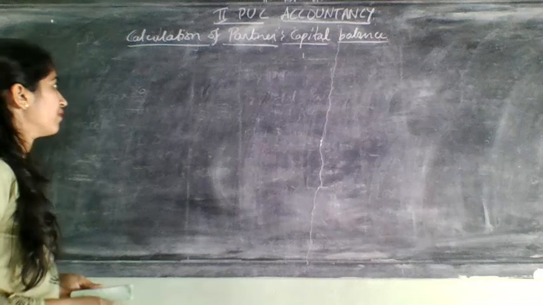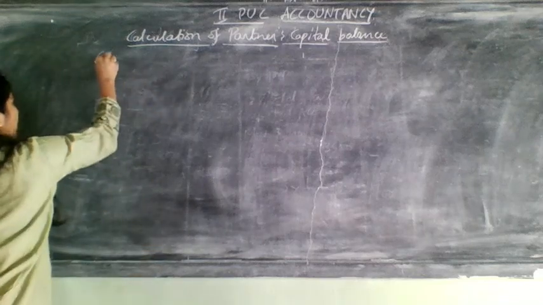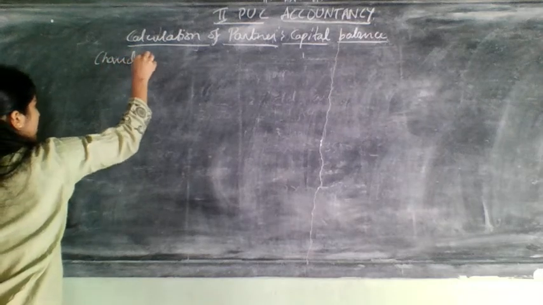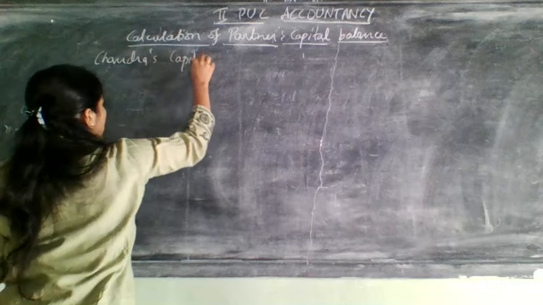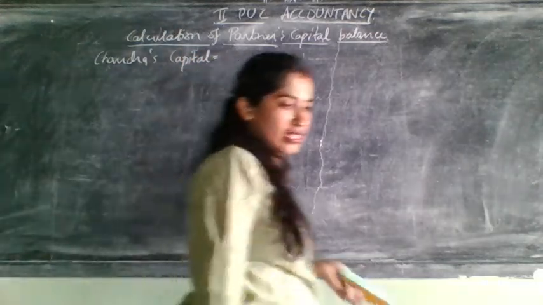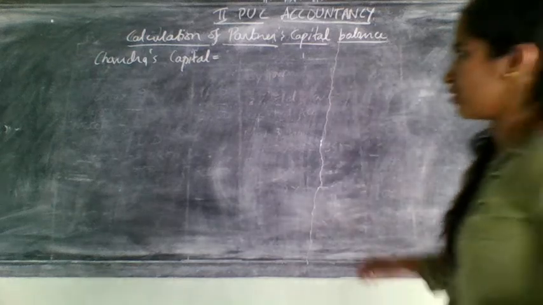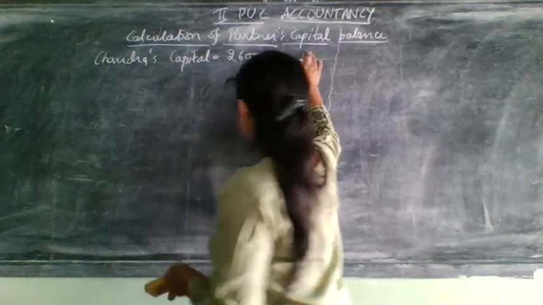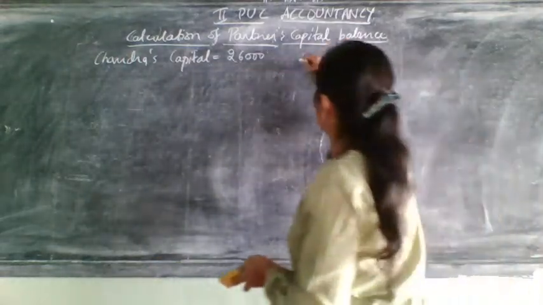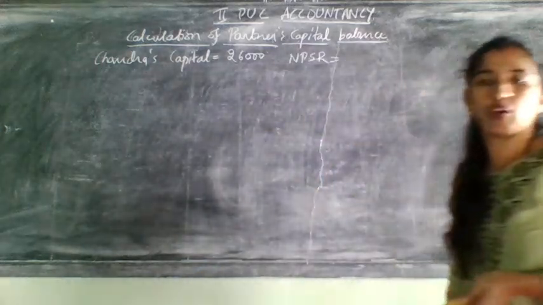So for this, first we need to write who is a new partner here. Chandra, right? How much he will bring? Chandra's capital. He will bring how much as a capital amount? 26,000. And we want what for this? We want new profit sharing ratio, NPSR, of all the partners.